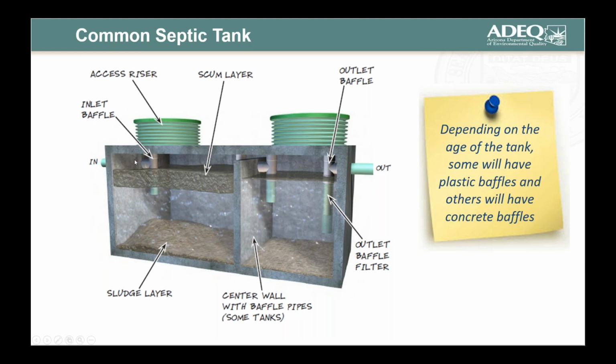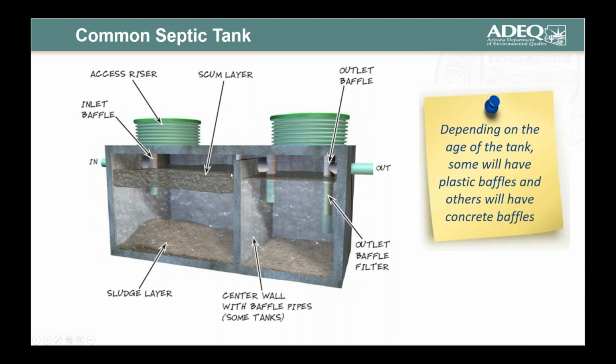Then you have the inlet baffle, also known as the inlet sanitary tee. We see the scum layer up here, and the sludge layer at the bottom of the tank. Then we see a center wall or baffle here. In Arizona, we have a hole through the center wall lined up with a clear zone.